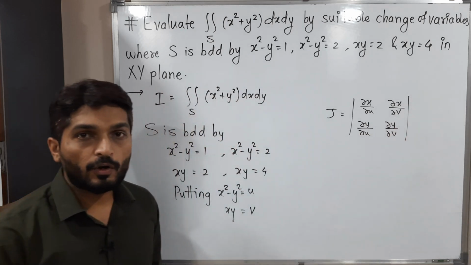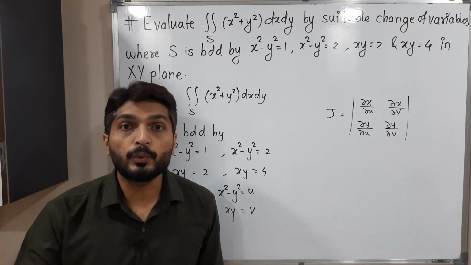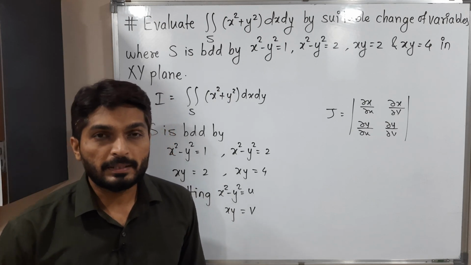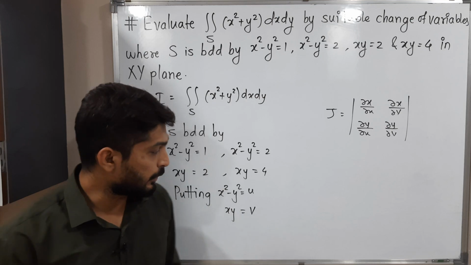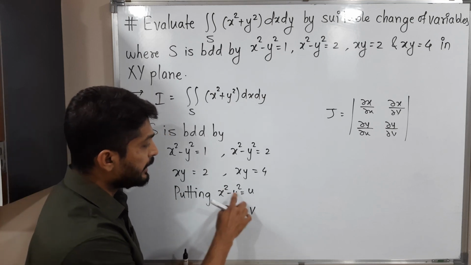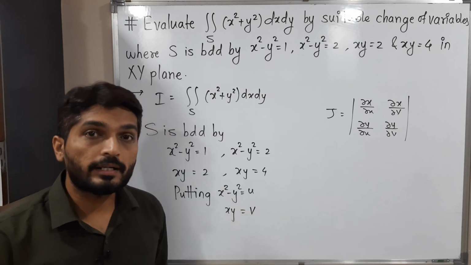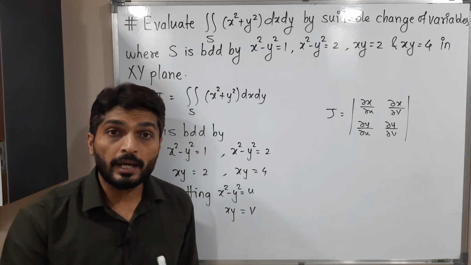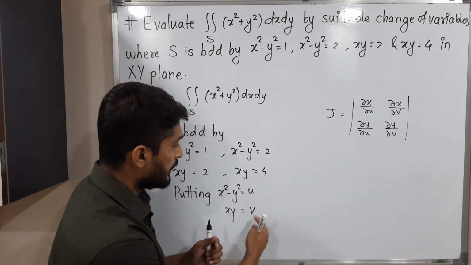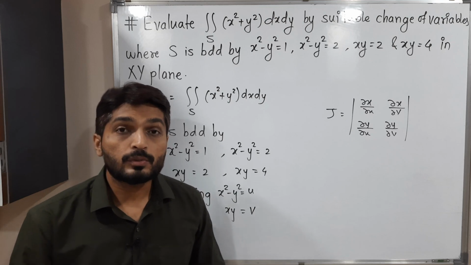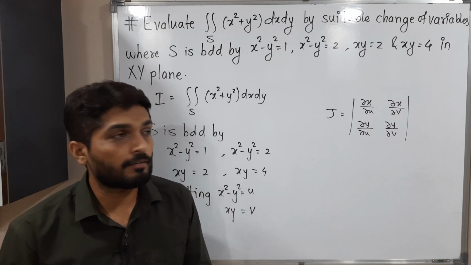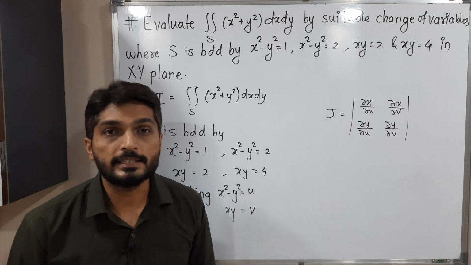That means we are supposed to calculate the derivatives of x and y with respect to u and v. But it's quite a difficult task because for that, we need to express x and y in terms of u and v. Right now, we have u and v in terms of x and y. So it's very difficult to find all these derivatives and finally the Jacobian.